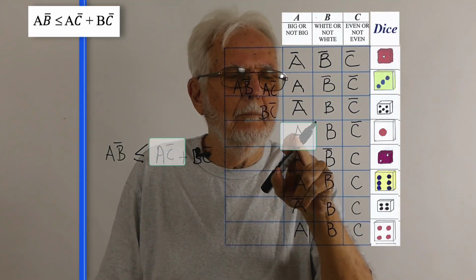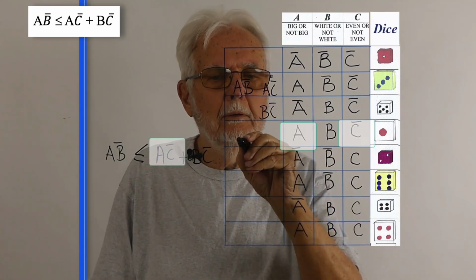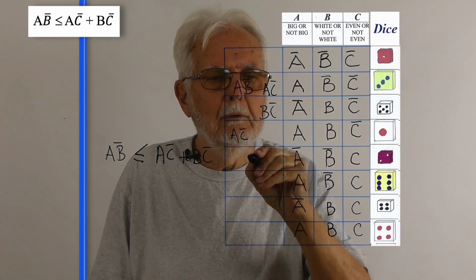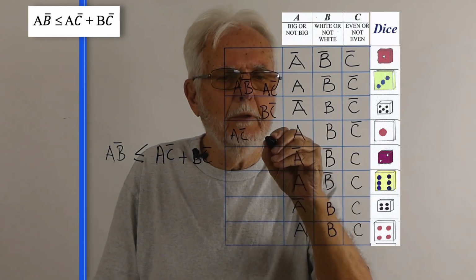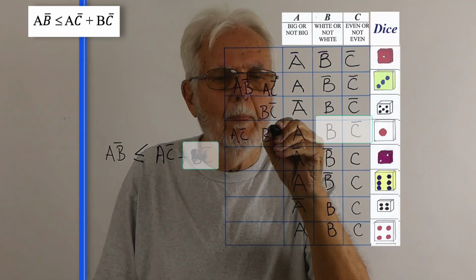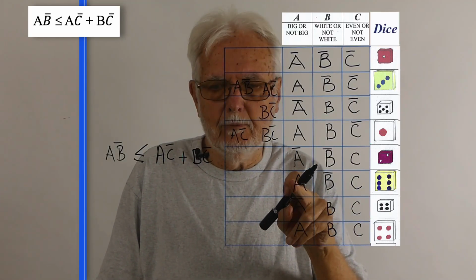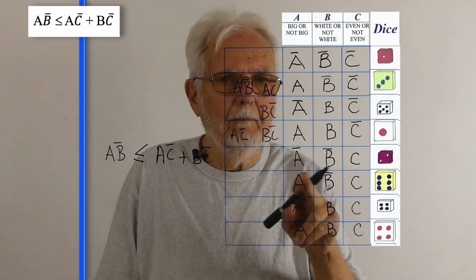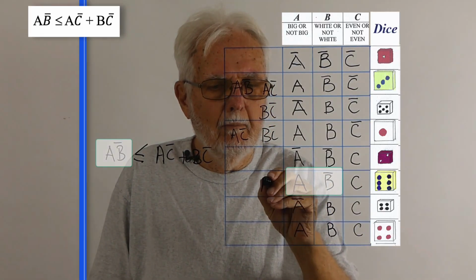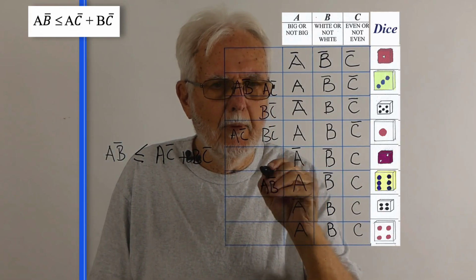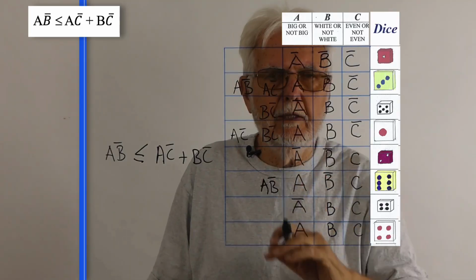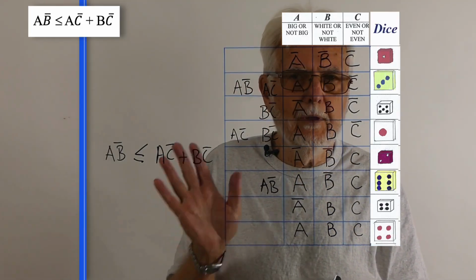This one we've got A not C, and we've also got B not C. Now down here, all we've got as the last one is A not B. That's all we can take out of that. The rest of them don't matter.